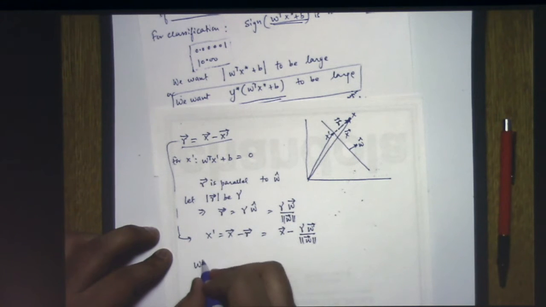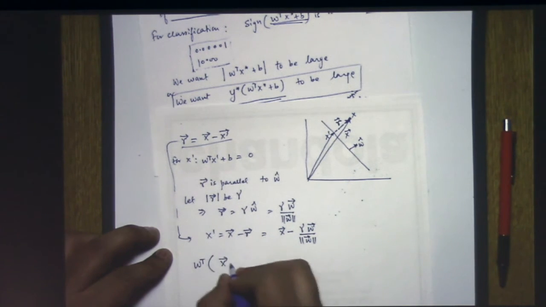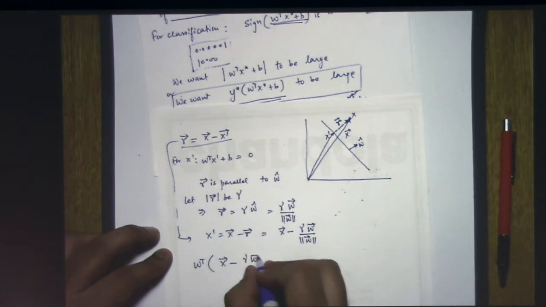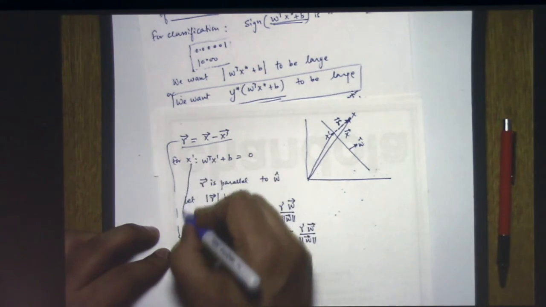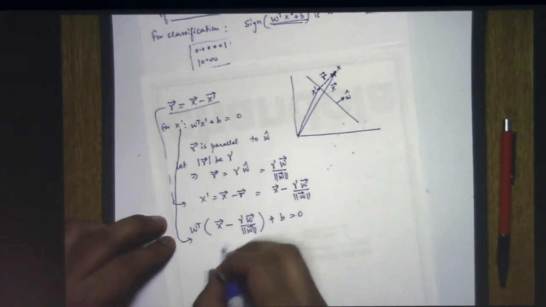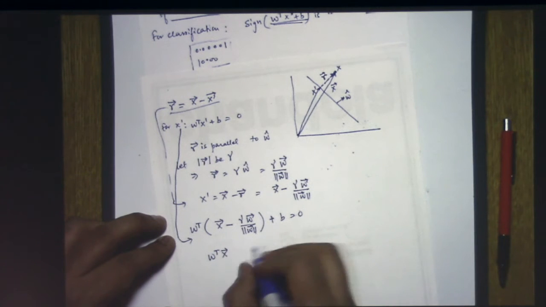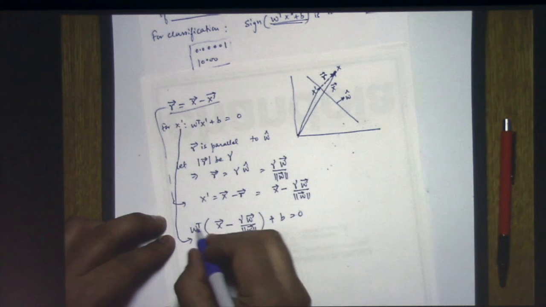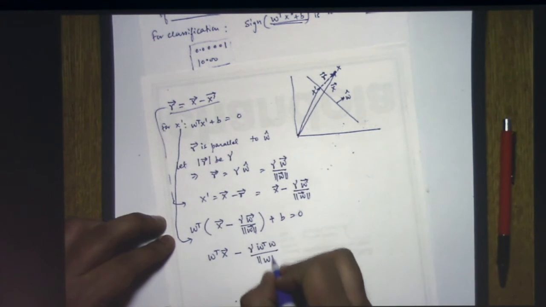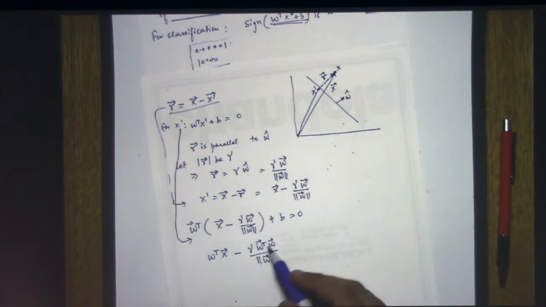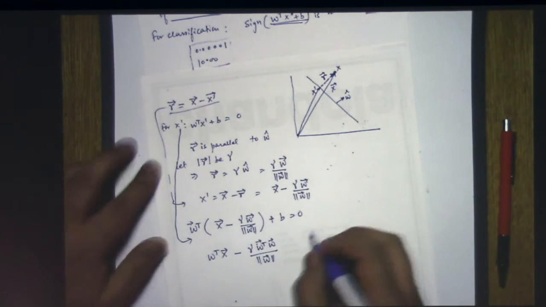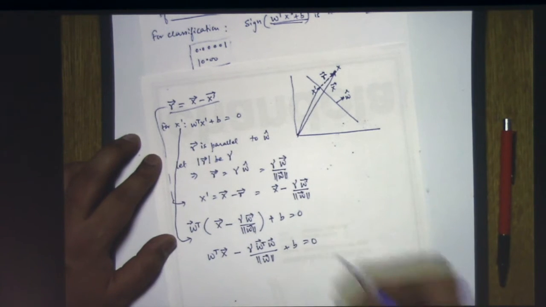So W transpose X minus this, plus B is equal to 0. So this is coming from here. I'm going to open it: W transpose X minus gamma W transpose W plus b is equal to 0. I'm being a little inconsistent with my arrows, but whenever there's an arrow, it means it's a vector.